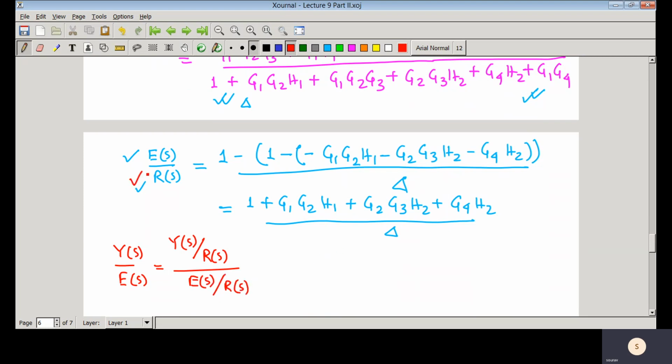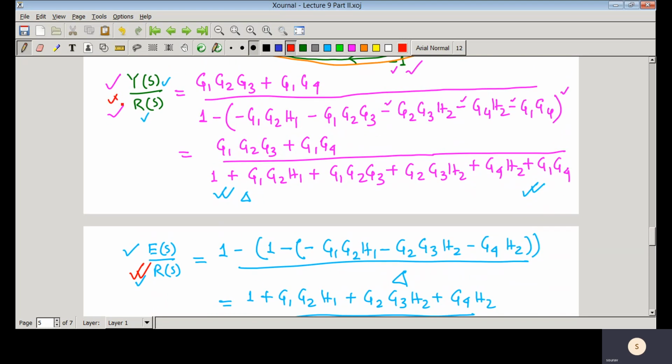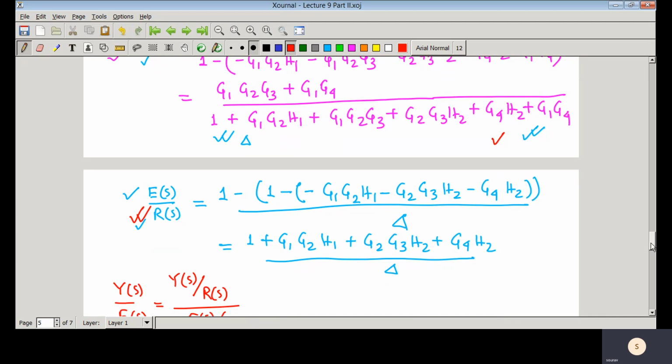You have already found the transfer function from RS to ES, and this one you already got.